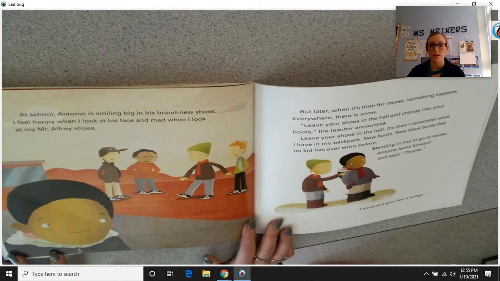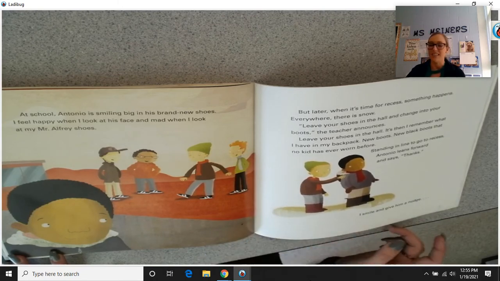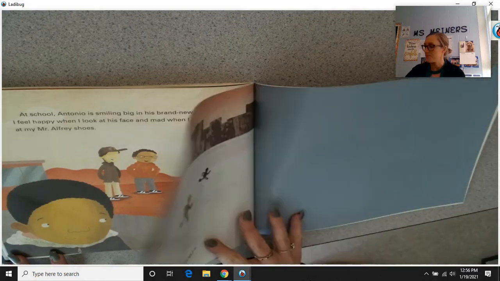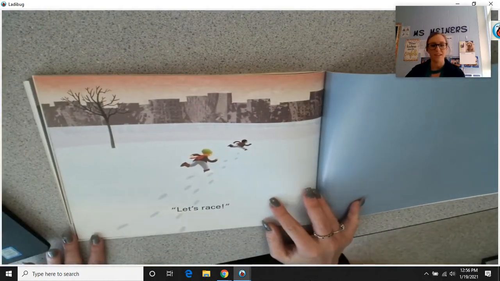It's then I remember what I have in my backpack. New boots. New black boots that no kid has ever worn before. Standing in line to go to recess, Antonio leans forward and says, "Thanks." I smile and give him a nudge. Let's race.